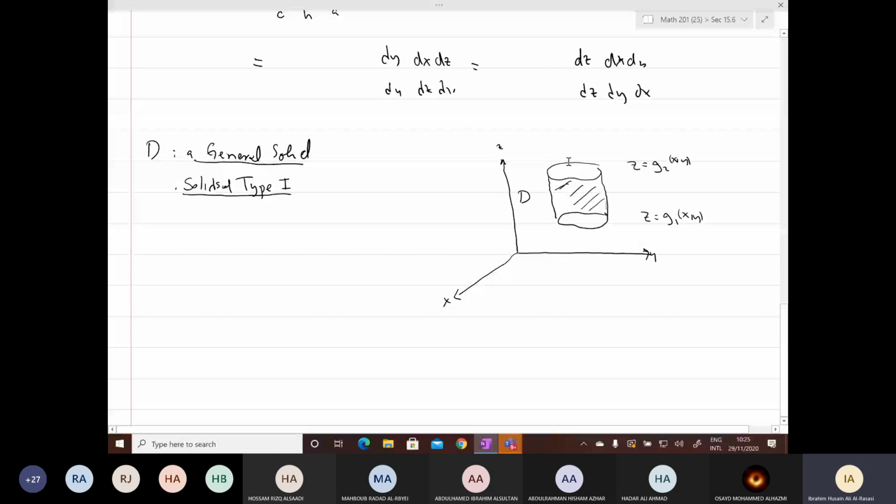When you keep the geometric meaning in your mind, it becomes easy to remember.